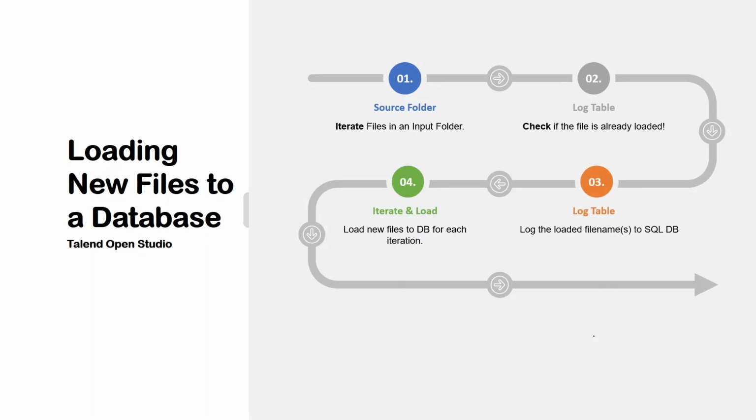As well, for each iteration, we also save the file name to the database, so that when we run the job again, maybe tomorrow, we're not going to be loading the files that have already been loaded to the database. And the next step is to just test the job and rerun the job again.